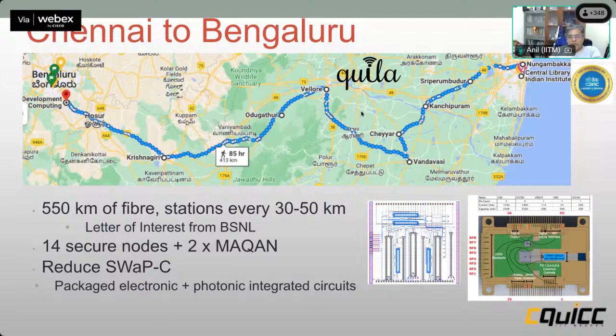We want to be able to connect it over fiber and demonstrate that we can send a single photon from Chennai and maybe recover it at Sriperumbudur, send it again to Kanchipuram, recover it and send it to Cheyyar, and so on until we get to Bangalore. And when we are able to do that, then the information that we send from Chennai to Bangalore can be encrypted with the key that was generated using the information from the single photons.